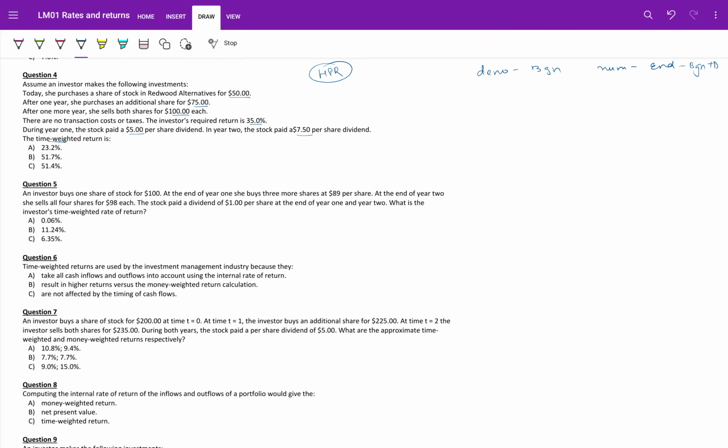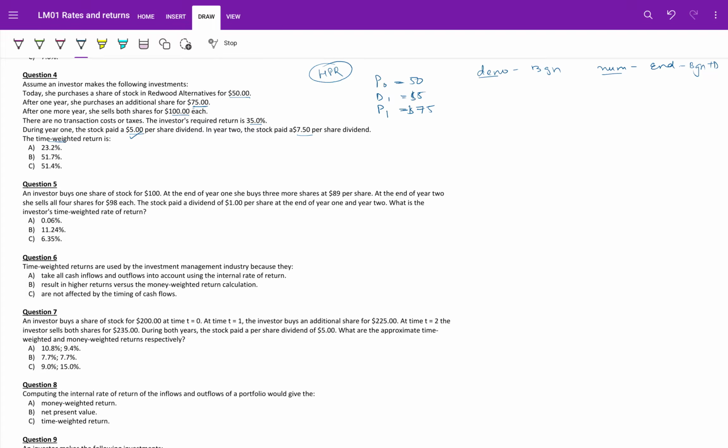Just remember this. So she purchased a share of stock of Redwood Alternative. We start from P0, which is $50. Dividend for the first year is $5, and the price at time one is $75, because after 1 year she purchased another stock for $75.